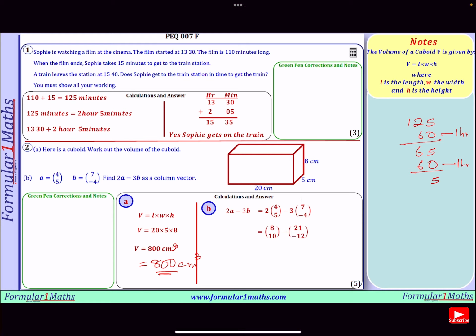And you're going to get 8, 10 minus 21, minus 12, because 3 times 7 is 21, and 3 times minus 4 is minus 12. Then evaluate that, you're going to get 8 minus 21, and then 10 plus 12, because a negative and a negative give you a positive. And finally, you're going to get minus 13, 22, and that is the required column vector for question 2B.